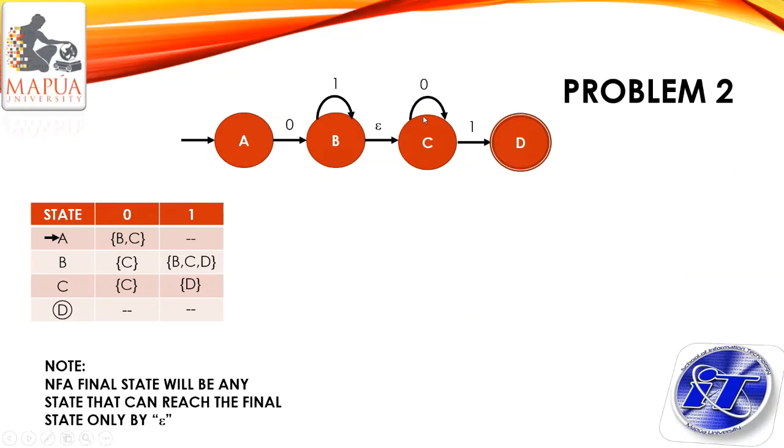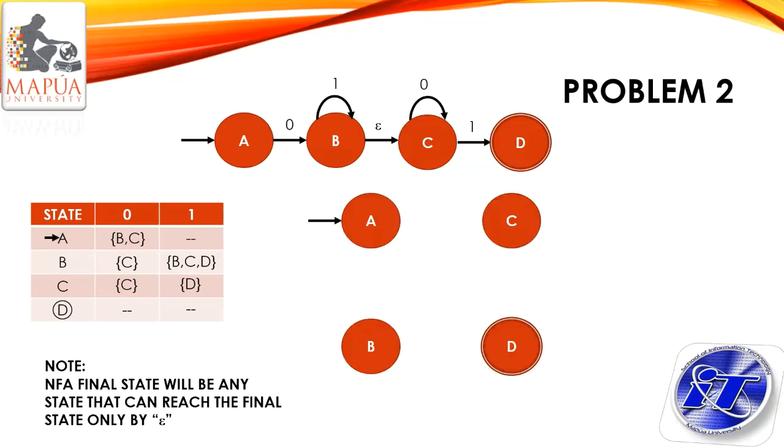Can B reach D through epsilon? Definitely not, it just stops at C. So there's no new final state. Now let's draw. We have states A, B, C, D, and D is still the only final state.